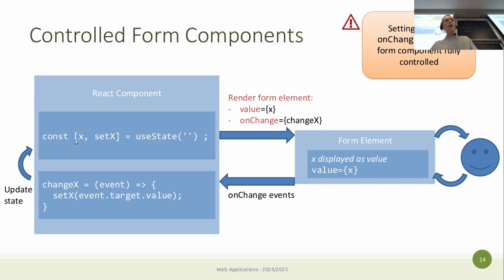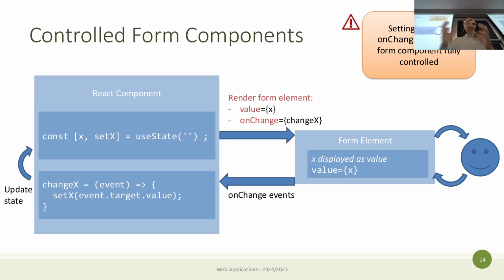Okay, and so you have const x, setX, that's the name of the state. You can give the name you like. An initial value, typically empty, but depends on the form. And then there's this form element which is rendered. It can be like input type text or stuff like that.